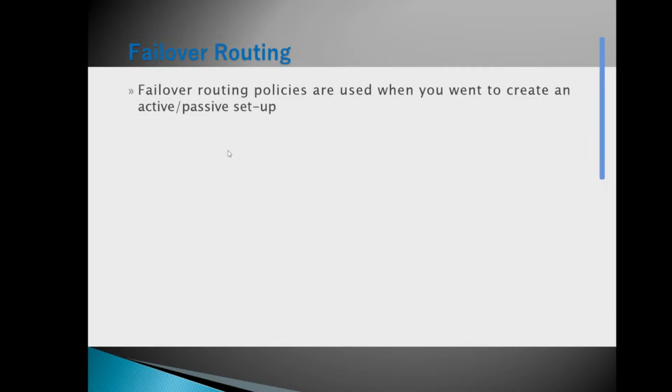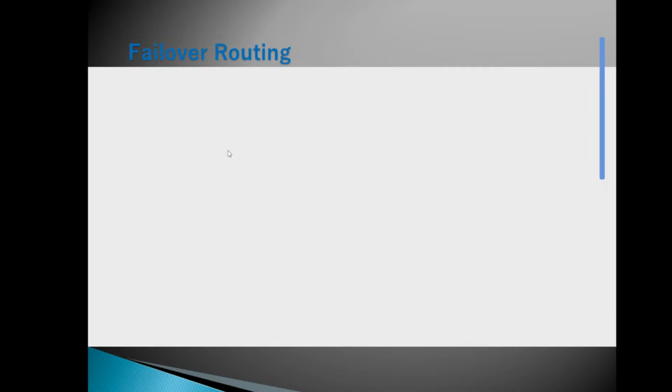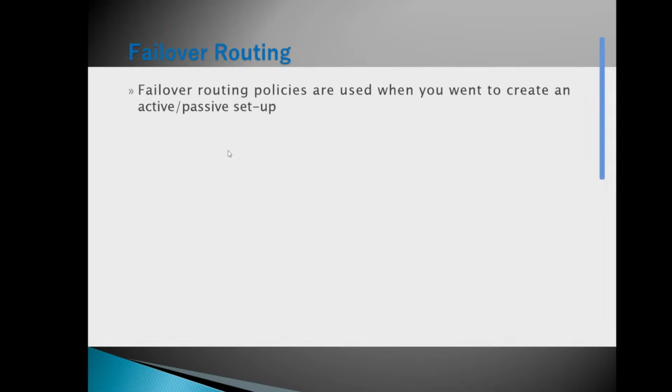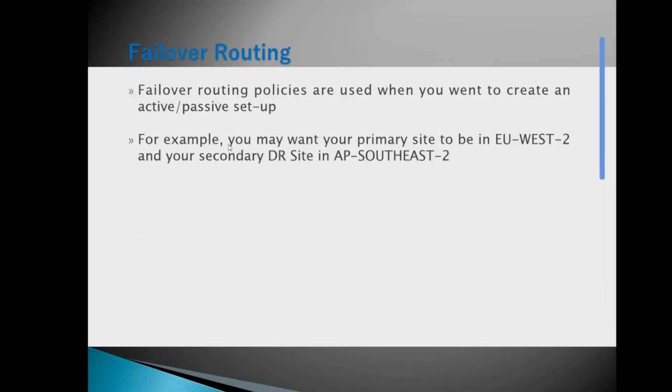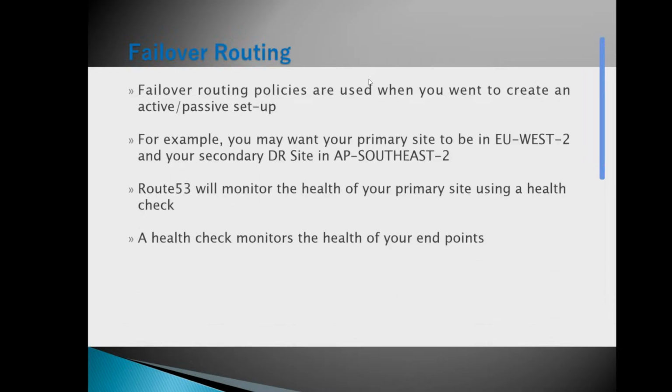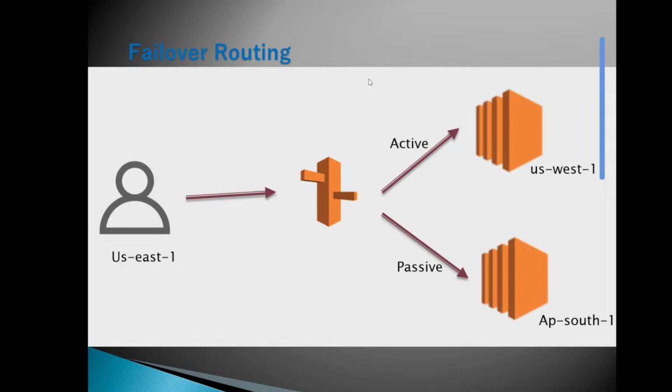Now the next part is failover routing. Now this is one of the important ones. We have learned failover in our RDS instance, that there will be an active and a passive machine, active passive. So here it's the same thing. You can have two servers, one is active and the other is passive.